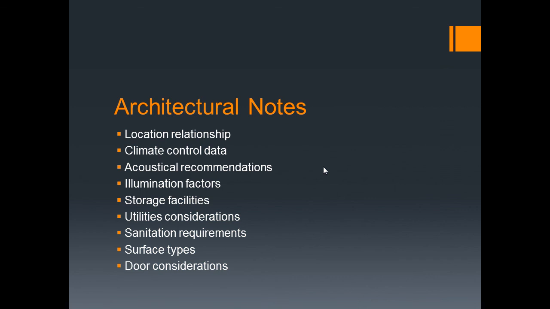Obviously, we want something that's going to clean very easily and won't get damaged over the course of time. And so architects have a wide range of materials that they can choose now, both natural and synthetic, that can get the job done. But obviously, there's a difference in cost.